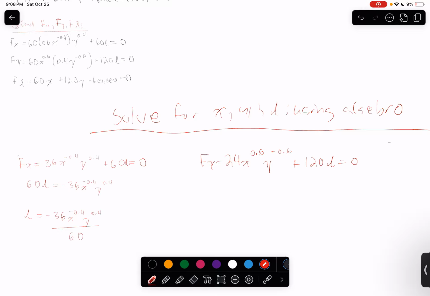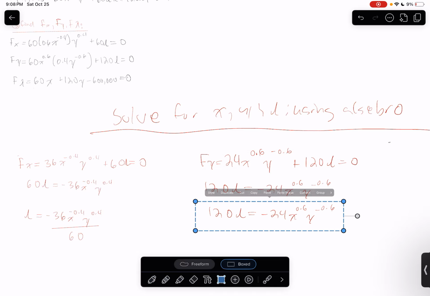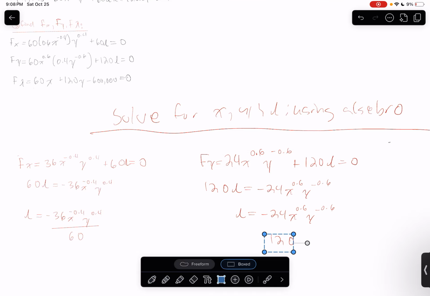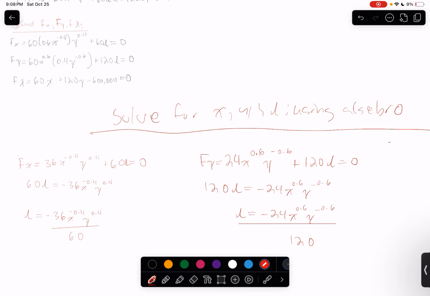So same thing, move everything to the right hand side in efforts to get lambda by itself. All right, it's going to equal negative 24x to the 0.6, y to the negative 0.6. And same thing, I'm going to divide this by 120 in order to get lambda by itself.